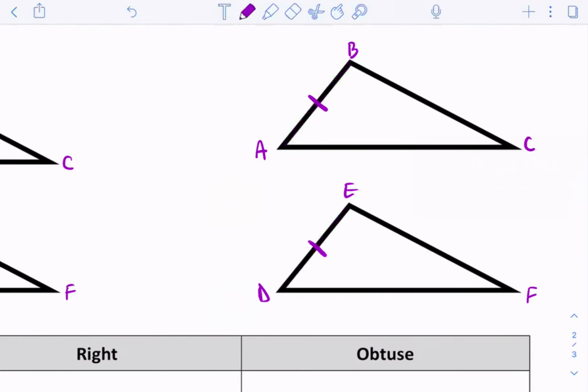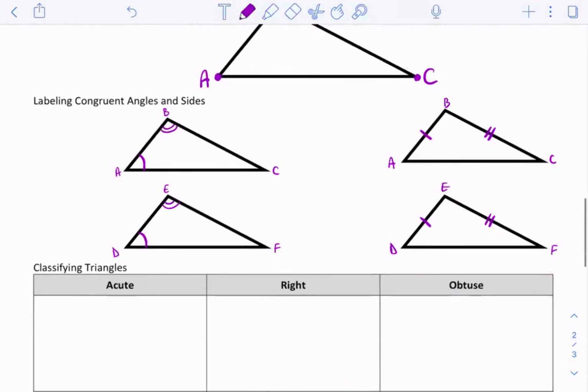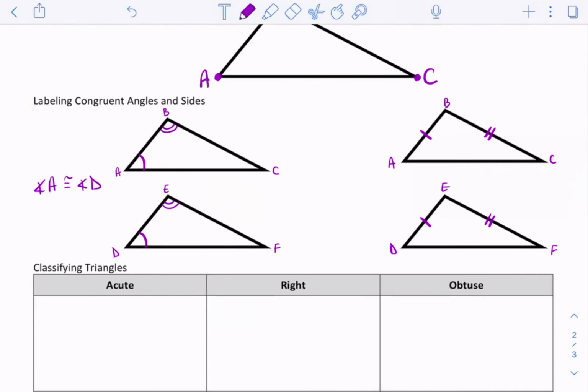Very important that you notice the difference between a side and an angle. Even the way I write the sentence would be different. So angle A is congruent to angle D in this picture, and in this picture, I would say line segment AB is congruent to line segment DE.